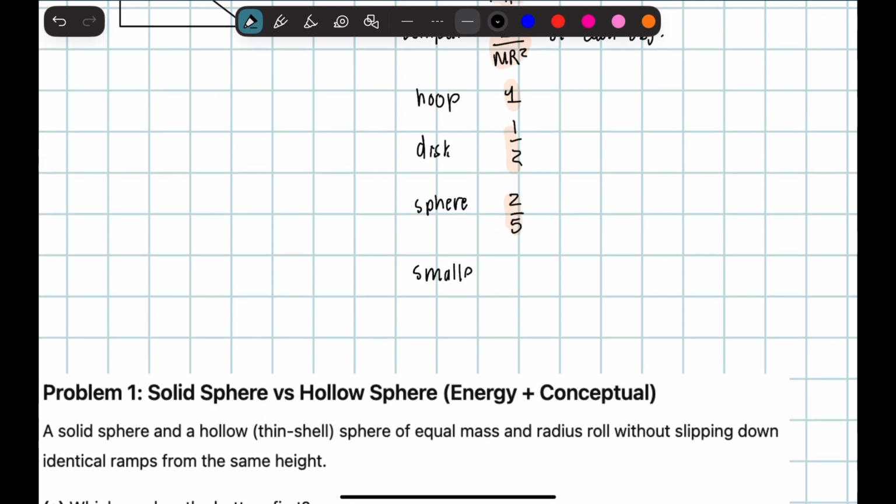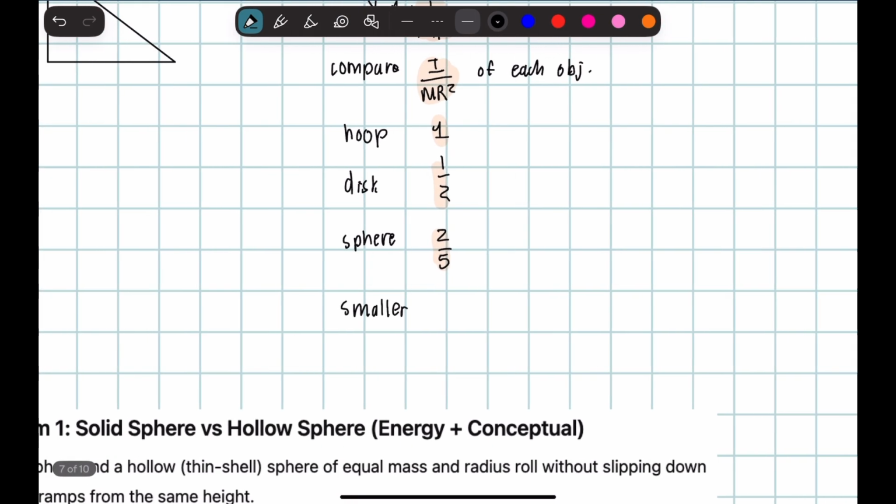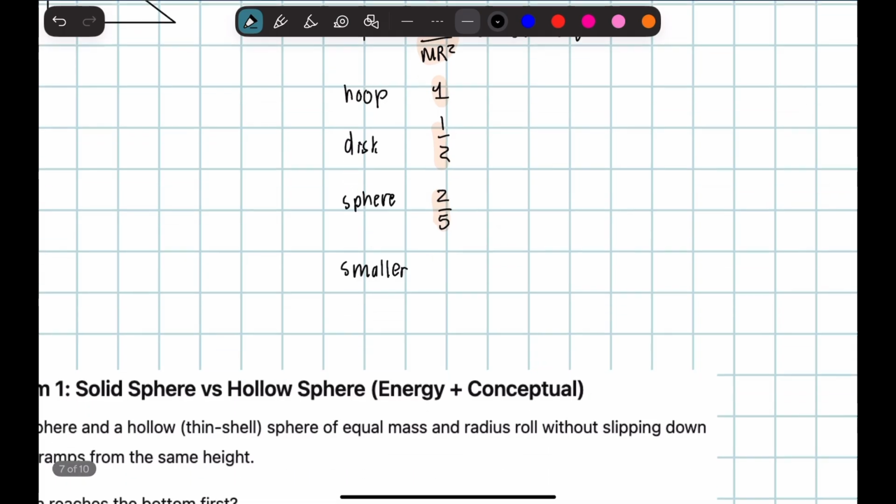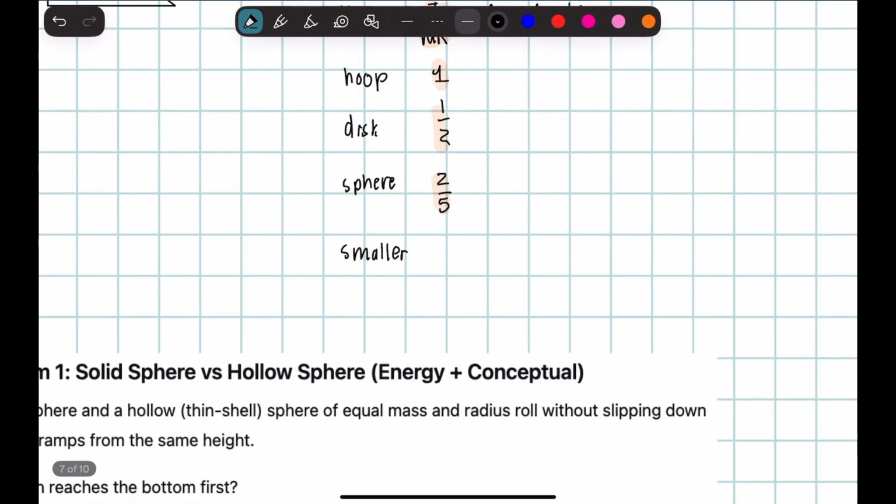They're all the same mr squared, it's just scaled by something, right? So what we know is that if you have a smaller denominator, that means you have a larger acceleration. Therefore, if you have a larger acceleration, it arrives first. Again, acceleration is equal to the change in velocity over time, and velocity is equal to the change in displacement over time.